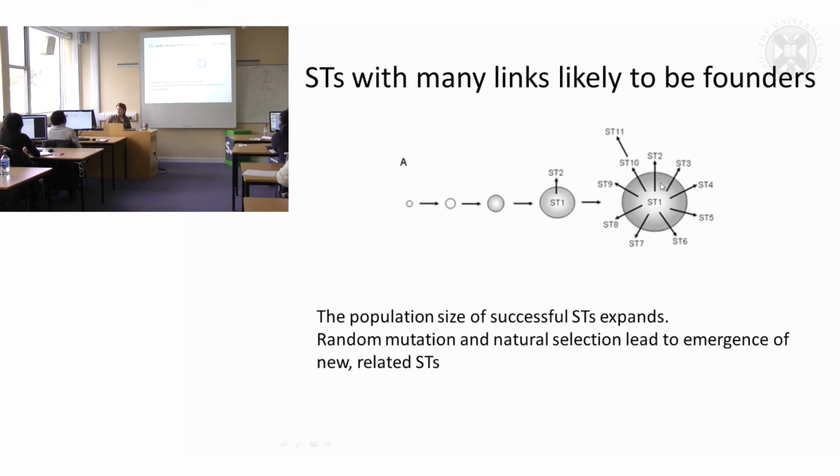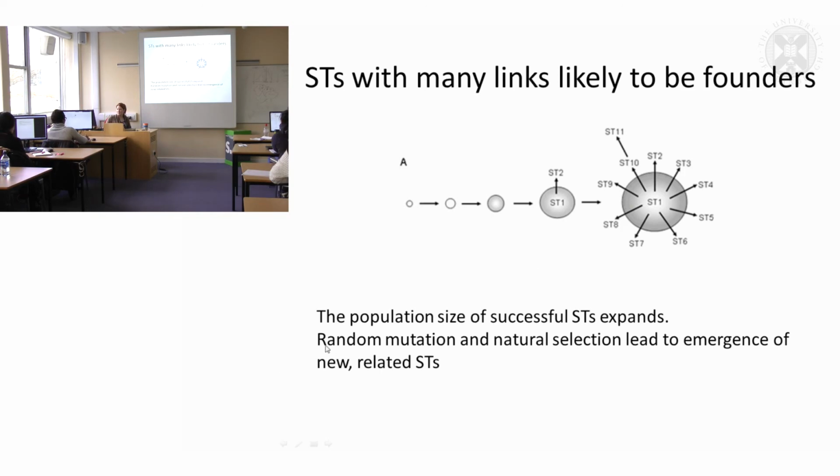If you look here, I initially was talking about sequence type 1, and then you have these other ones coming off. So these would be single locus variants of sequence type 1, which means that they share all of the same allelic variants except for 1. We're going to come to these diagrams in a second, but the size of this indicates the frequency that you find a particular sequence type. So sequence type 1 is very frequent, and perhaps the other ones are quite rare.